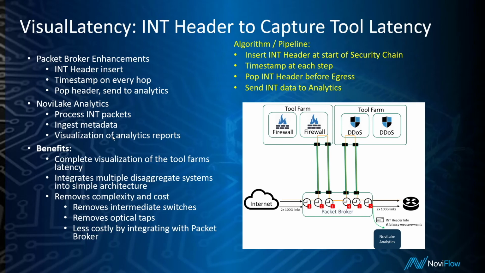To do this, we use the new INT headers for telemetry, in a very innovative process where, coming into our algorithm, we insert an INT header, we timestamp it, and we send it off to a security tool. When it comes back, we timestamp it again. If it goes to another one, we do the same process. Then when it finally gets back to us, after all the service chaining to the tools, we pop that INT header off and send it downstream pristine.